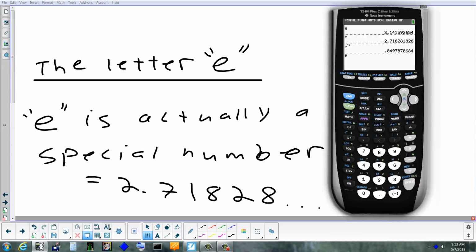So on these calculators that look like mine, the E button is: you press second, and then it's the third button down on the left-hand side. It says LN. So second and the third button down, it says LN. And that's your E button.